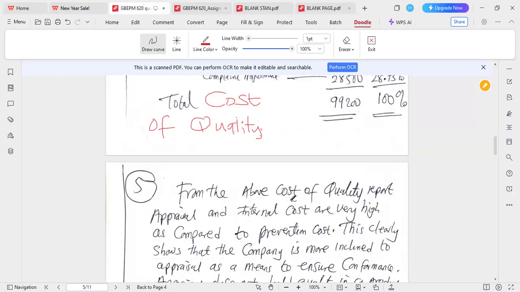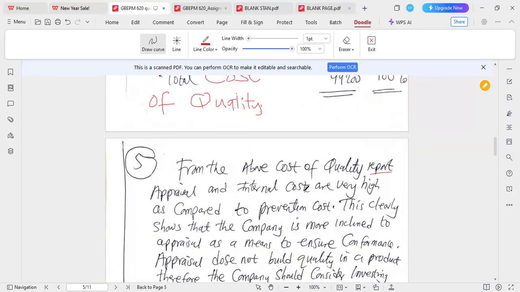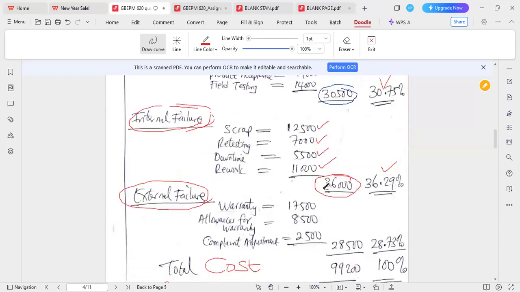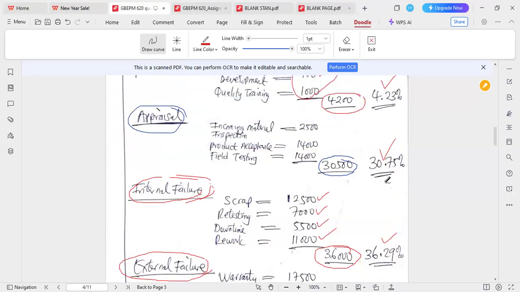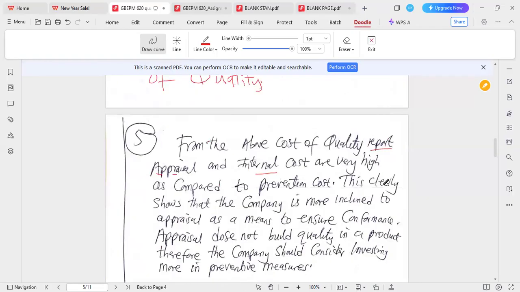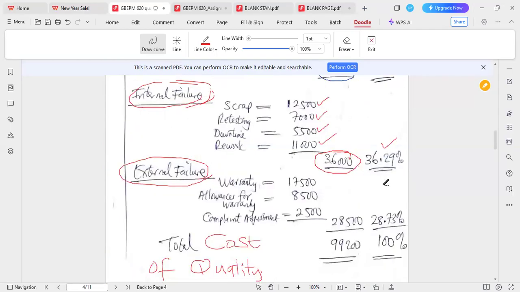So from the above cost of quality report, appraisal and internal failure costs are very high. So appraisal and internal failure cost are very high as compared to prevention cost.